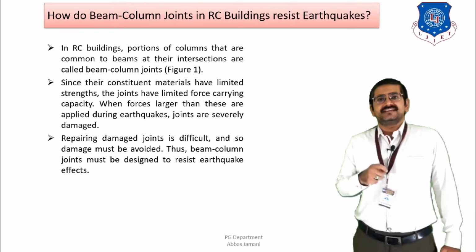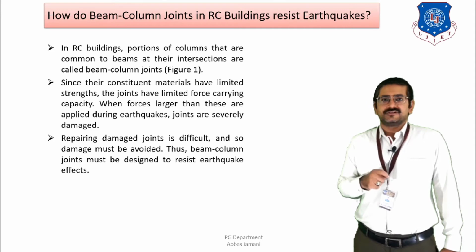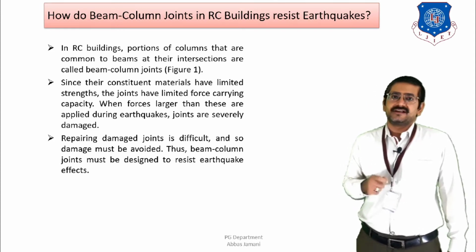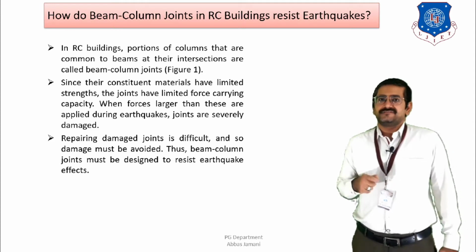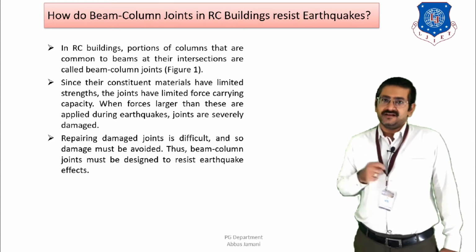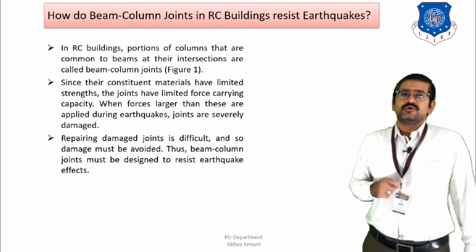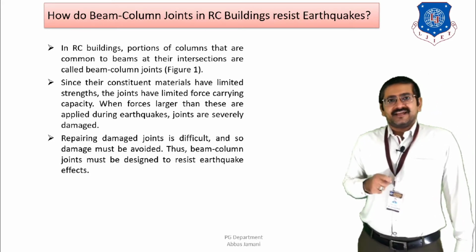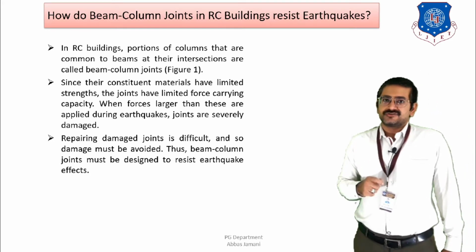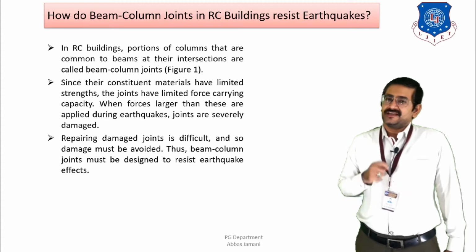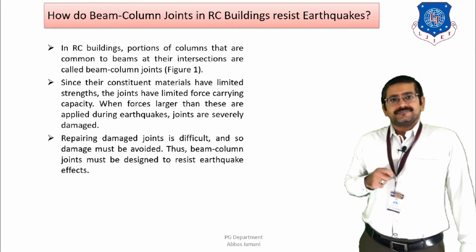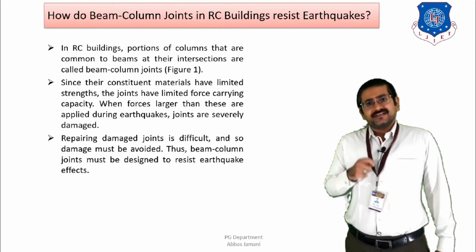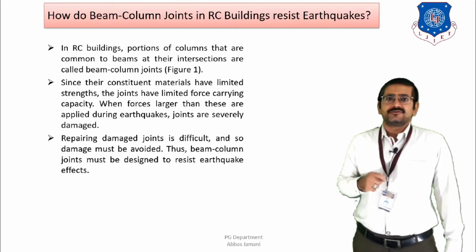Since the constituent materials at this joint are likely to have limited strength, the joint also has limited strength. Due to this limited strength, this joint can become a vulnerable joint in case of lateral forces.